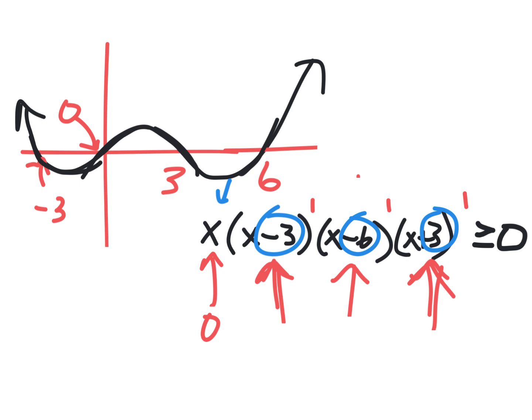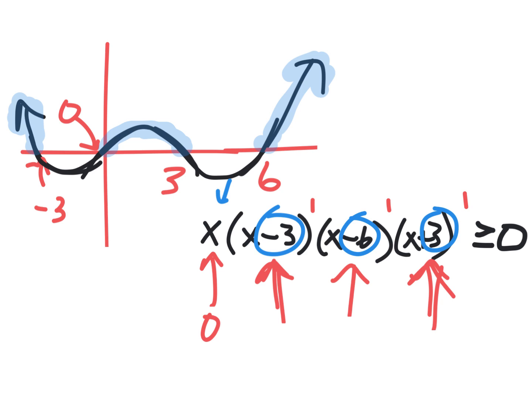Would you agree that in this zone right here, the function is greater than 0? And how about in this little zone right there? Was it also greater than or equal to 0? And then how about this part? Would you agree in that area it's greater or equal to 0?